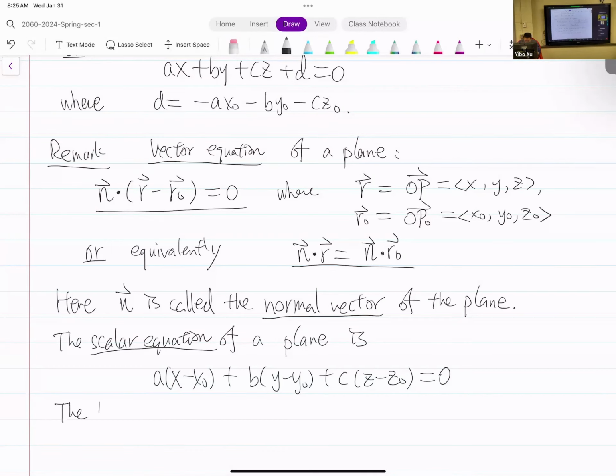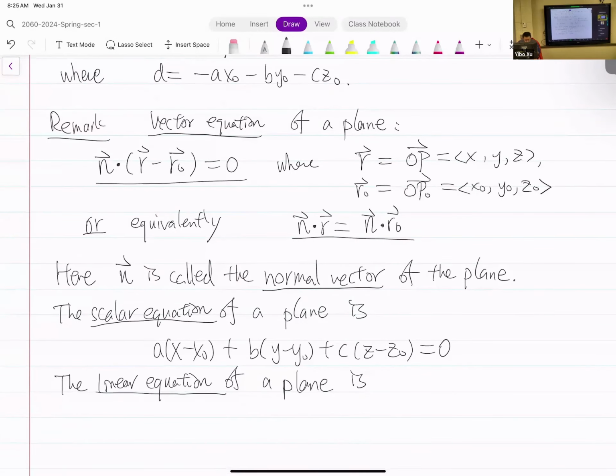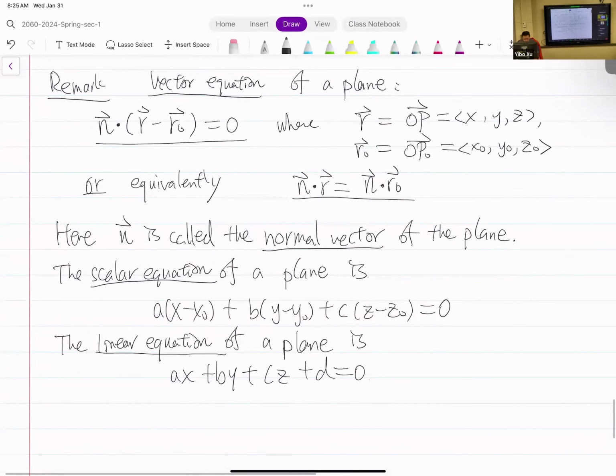The linear equation of the plane is the one that you get when you combine all the constants: ax plus by plus cz equals, well, plus d. So this is called the linear equation. And that's all the terminologies.